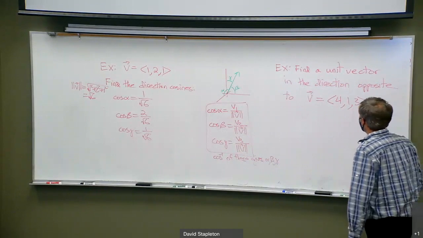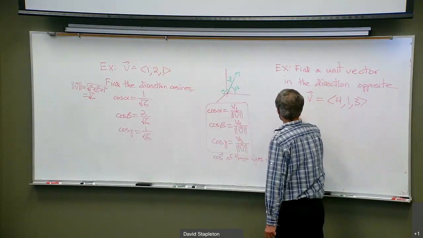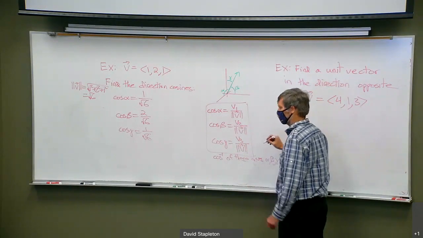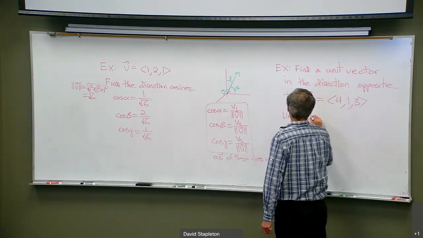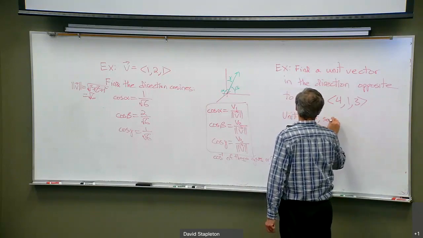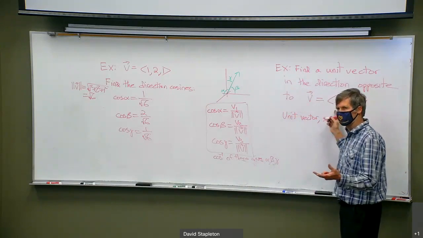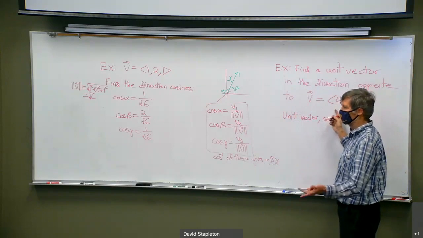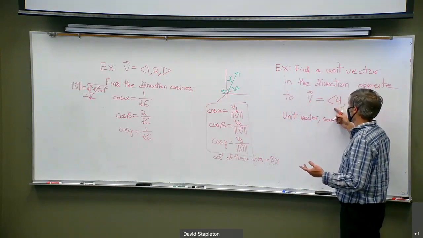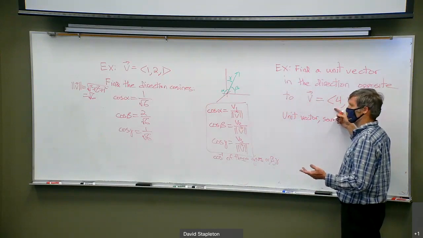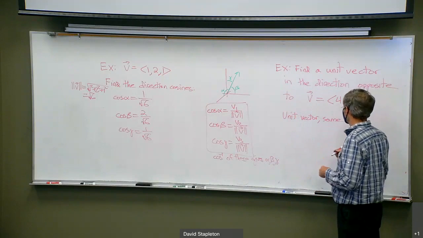Well, we can make a unit vector in the same direction. How do we do that? We mentioned it last time, didn't get enough good examples, which is why I picked this one. Unit vector, same direction: all you have to do is divide it by its length. Because dividing by a number is multiplying by the reciprocal, if you multiply this by the reciprocal of the length, you'll get a vector in the same direction, because same direction means they're a positive multiple of each other.